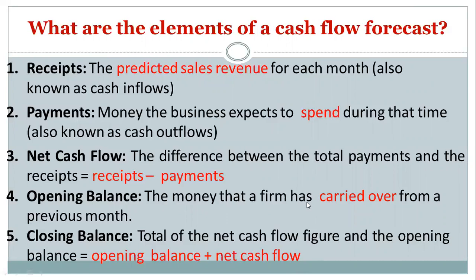Opening balance is the money that a firm has carried over from a previous month. Or in other words, each closing bank balance becomes the opening bank balance for the next month. Closing balance is the total of the net cash flow figure and the opening balance. And this is the formula for calculating closing balance.